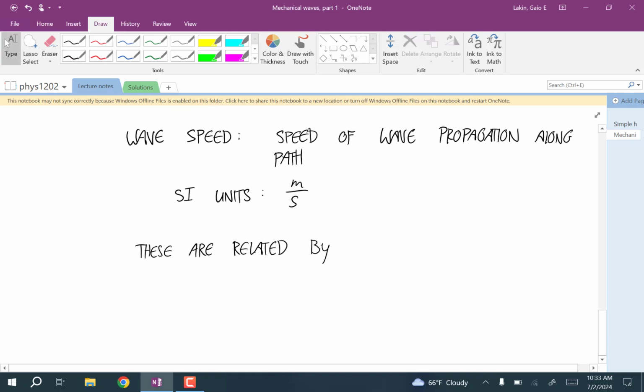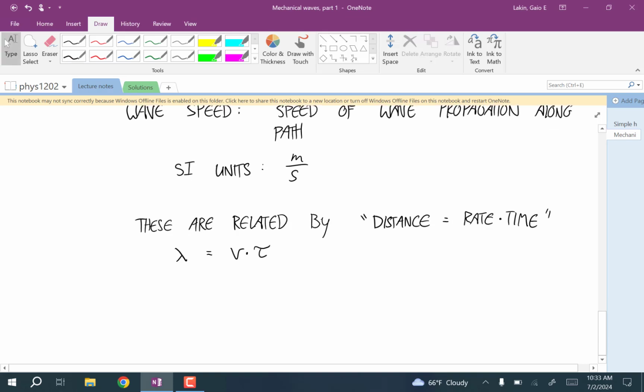You can remember this equation as distance equals rate times time. That's really what this equation is saying. So by distance, I'm talking about the wavelength. And that's equal to the rate, the wave speed, times the time, the period. And so it's easy to remember that equation if you remember distance equals rate times time.